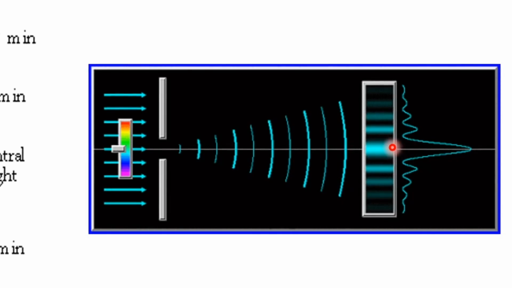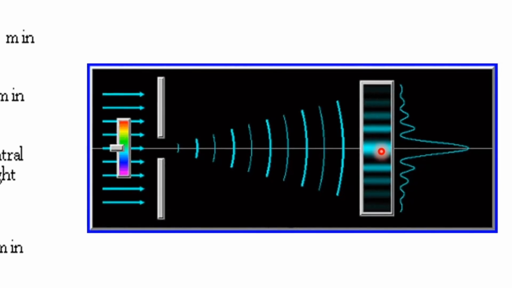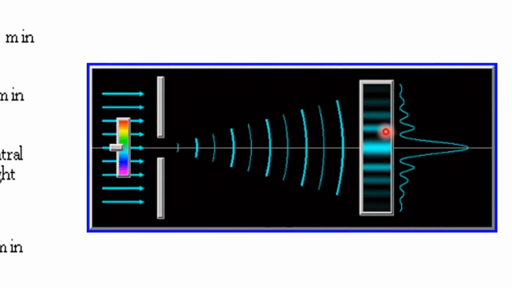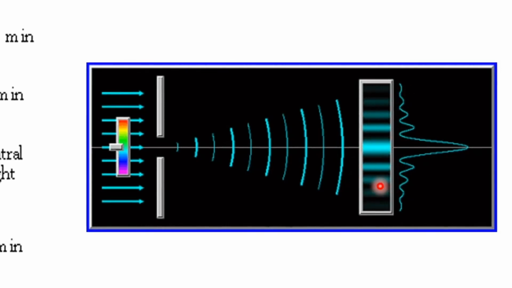So when you observe on the screen, the central bright fringe is the brightest fringe that you can observe. Okay, and here we have a dark area and then the bright fringe. And this is repeated for the other side. We have the top side and also the bottom side.